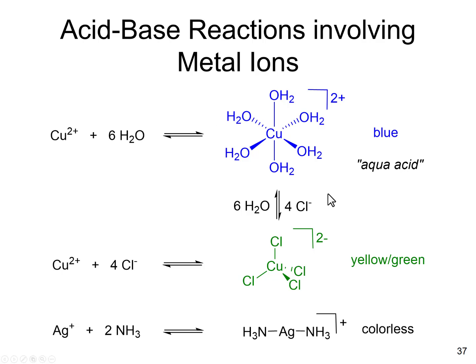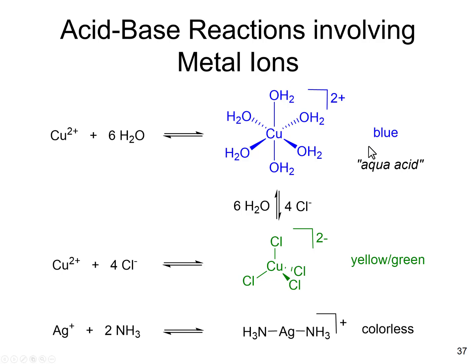In this particular example, we are treating this hexa-aqua complex with chlorides, and you actually have a ligand exchange. The 6 water molecules will be replaced by 4 chlorido ligands, and you form a new compound, which is called a tetrachloridocuprate. Now this particular species is greenish yellow, whereas the hexa-aqua species is blue.